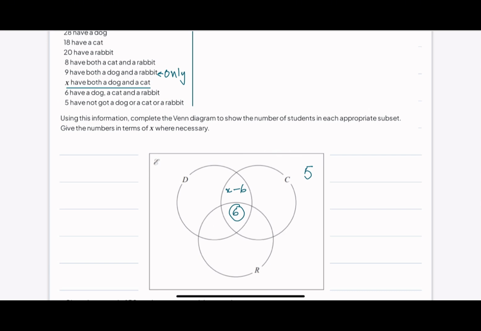So I will write 9 minus 6, because this value here represents those who have dog, rabbit, and, exclusively in this region, all three. When I say a person has a dog and a rabbit, that does not mean that person does not have the third animal. So I subtract 6 from 9, which gives you 3.